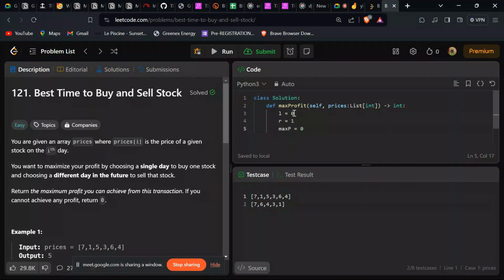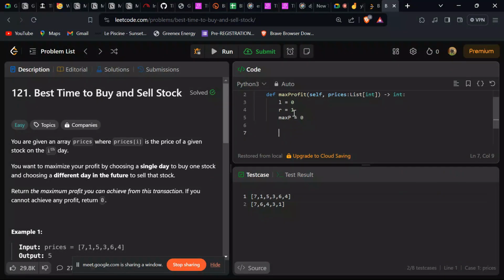Just as I told you, we are going to update the maximum profit based on the sliding window. You're given prices, where prices is the price per stock day. So we'll iterate price in prices.